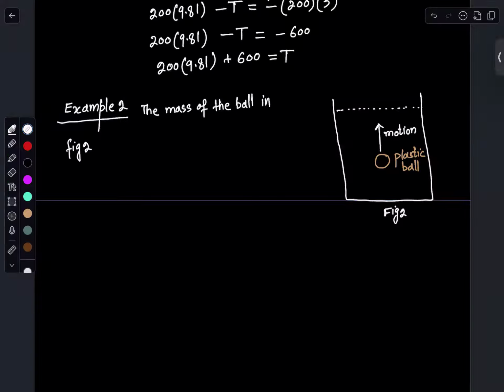Use the information given to find the value of viscous drag represented by letter capital D. You are doing it by yourself.